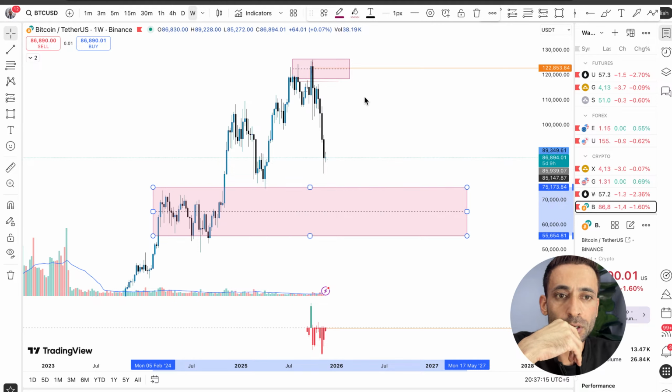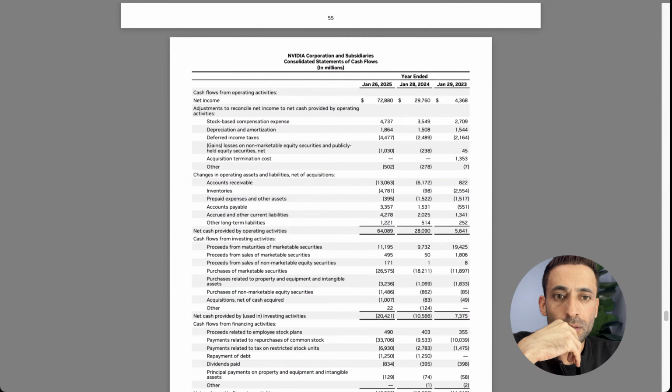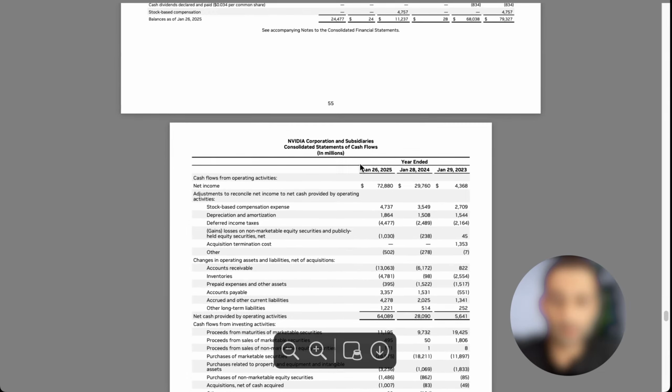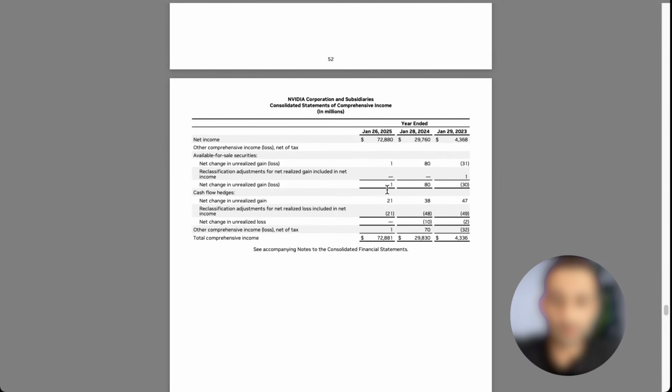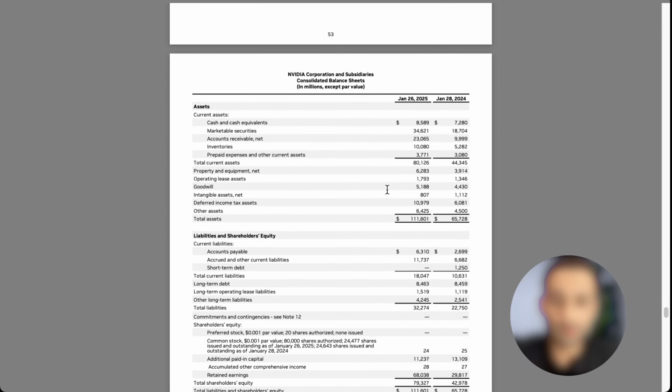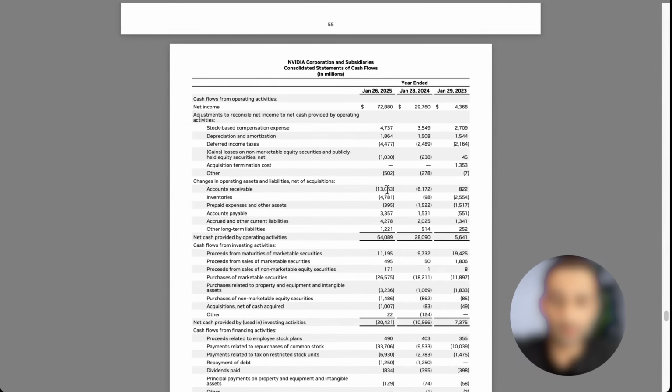Oh, hold on, guys. Here. Okay. So, guys, I've been explaining to you, but I couldn't check into this. So these three statements, okay, here you see: statement of comprehensive income, statement of income, like income statement, and then the second one is the balance sheet, and the third one is cash flow.